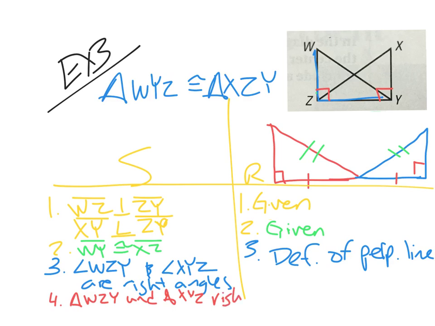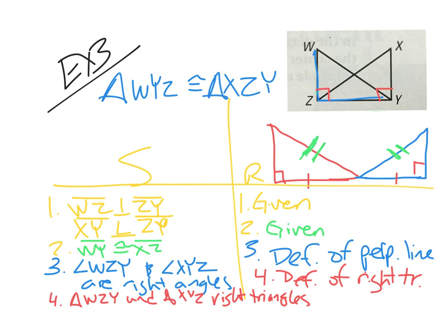I'm running out of room. And this is also because of the definition of a right triangle. If you have a right angle in a triangle, it's a right triangle. Okay? We had already written it, but it wasn't a given.